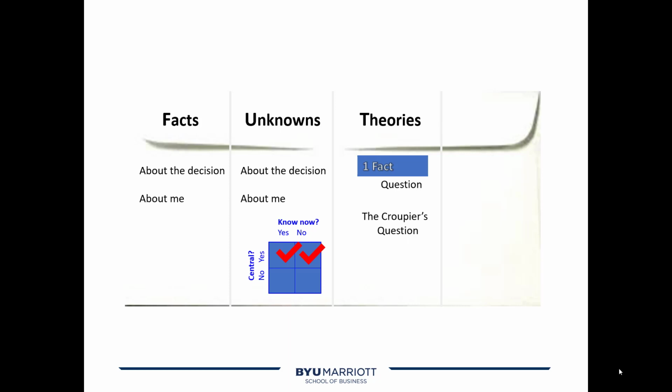So the croupier's question is, if I had $100 to bet on this particular theory, how much would I be willing to bet? If I had to roll the dice, how much money would I be willing to put down that it's going to come up the number that I think?